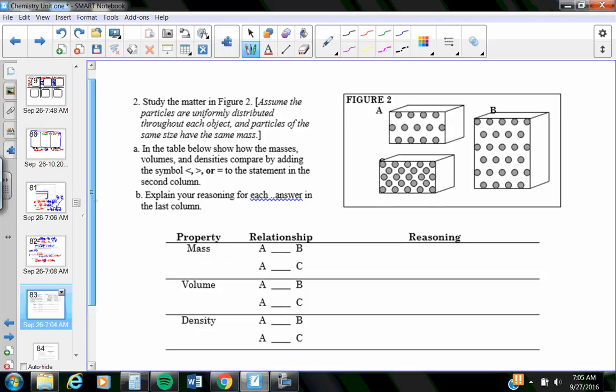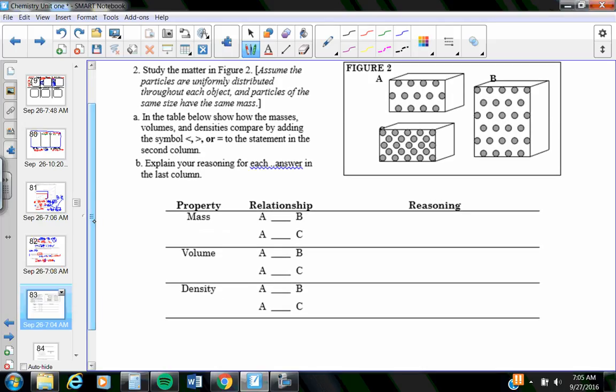Bottom of the page, focusing on this, that says that we have to have our reasoning. When we're looking at particle diagrams, the mass is strictly based on the number of dots. How come? Because they're saying all the particles of the same size have the same mass.